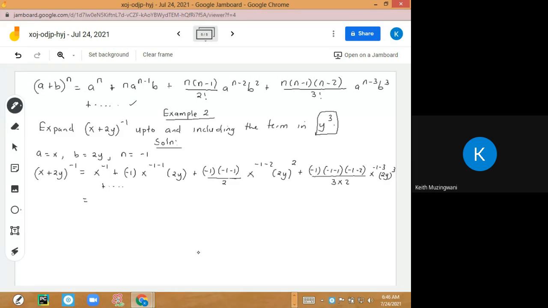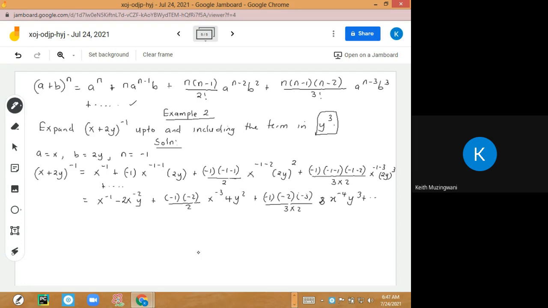This can be simplified as x power negative 1 minus x power negative 2 multiplied by 2y, and then plus negative 1 multiplied by negative 2 over 2, x power negative 3, 2 power 2 is 4y squared, plus negative 1, negative 2, negative 3 over 3 by 2, 2 power 3 is 8, and then x power negative 4, y power 3.